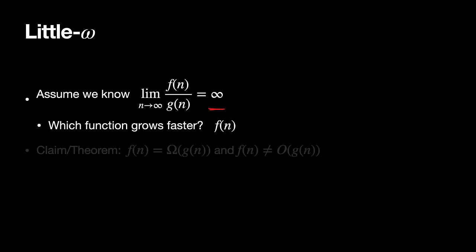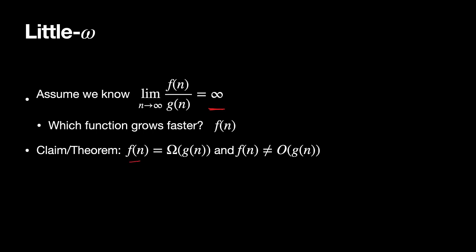So our claim, which will again become a theorem, is that when we have this particular limit, f is in big omega of g, and f is not in big O of g.